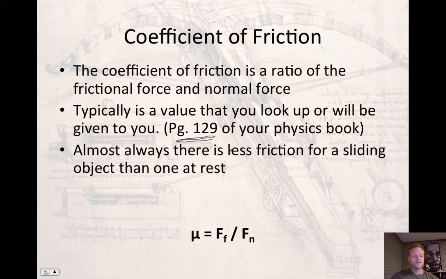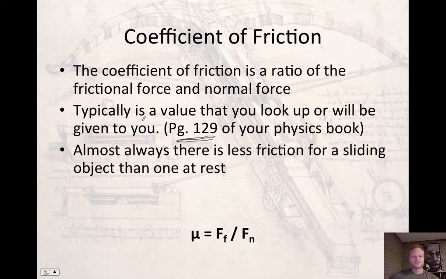There are two types of coefficients of friction, and different numerical values for different surfaces. They give you six or seven common surfaces you might see in problems, like asphalt or sand. I don't have the chart in front of me, but it gives you numerical values of the coefficient of friction for different surfaces.